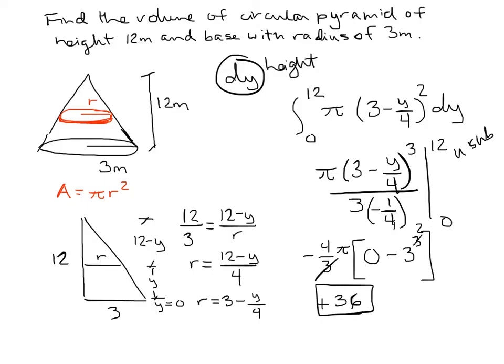All right, so my volume should be 36. Oh, I guess we started with meters. Let's go ahead and I'll include a little meters cubed in there. Oh, what happened to my pi? How about we do 36 pi meters cubed? Okay, there, that's much better.